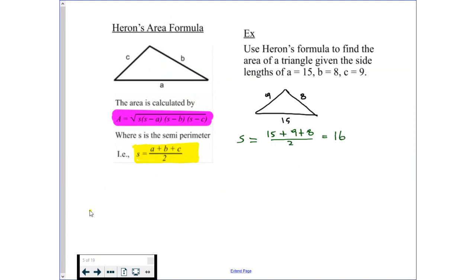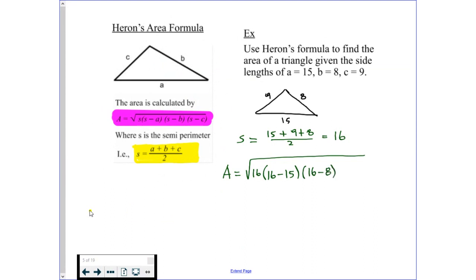Now once you find S, you take the square root of S, which is 16, times 16 minus A, which is 16 minus 15, since A is 15. Then 16 minus B, B is 8.